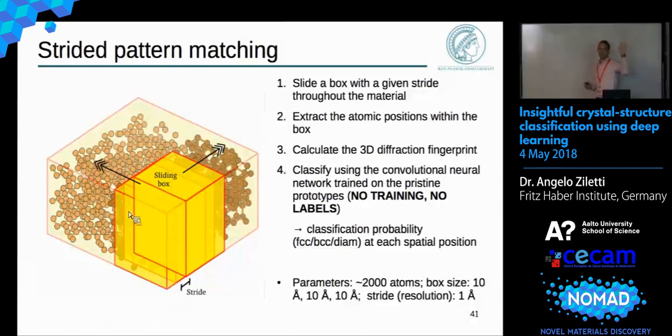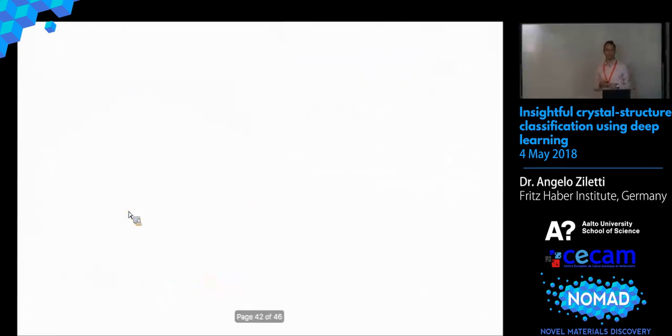And then you have a neural network that was trained on the prototypes from before, and you just apply that, and you get the classification, the probability of classification. You don't retrain on that, and you can use different sizes of the box, because I showed you that it is invariant with respect to the supercell size or the rotation, and so on. So that's what we do.